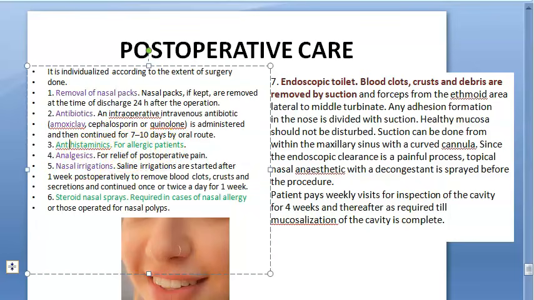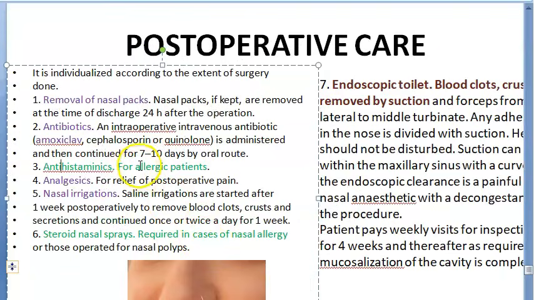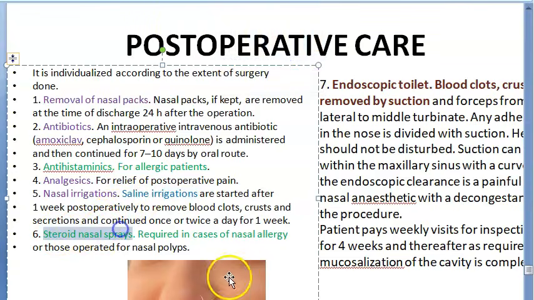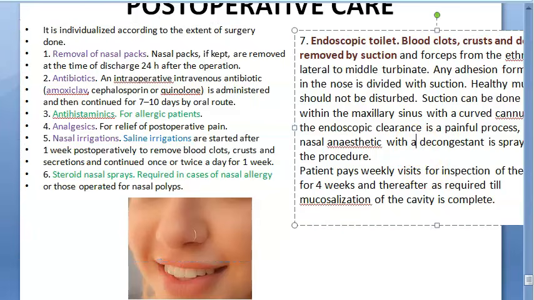Antihistaminics if the patient has nasal allergy. Analgesics for pain relief. Saline nasal irrigation is started to remove blood clots and crusts. Then steroid nasal sprays for people who have allergy and who have been operated for nasal polyps.